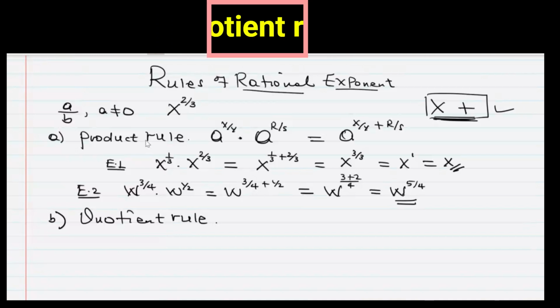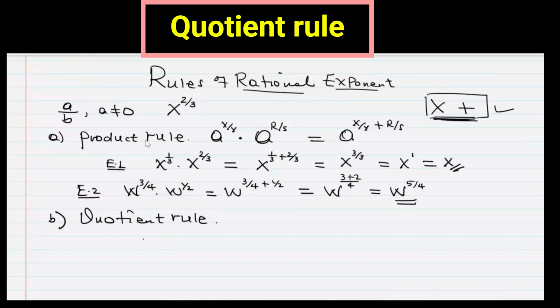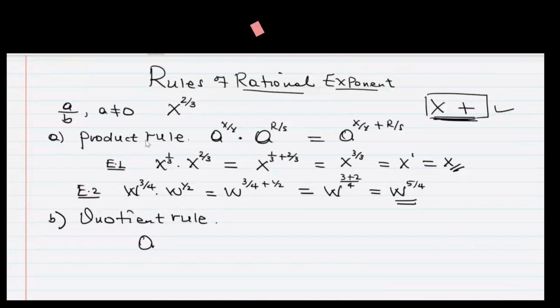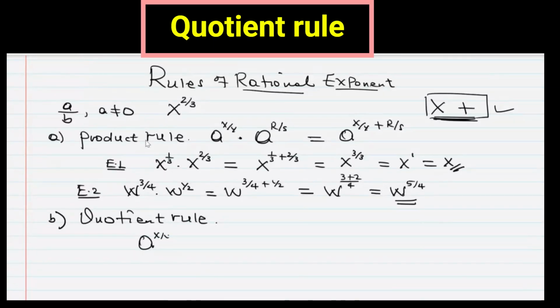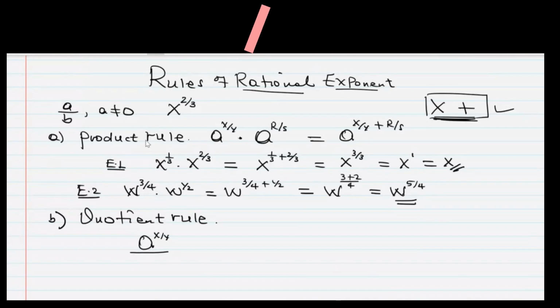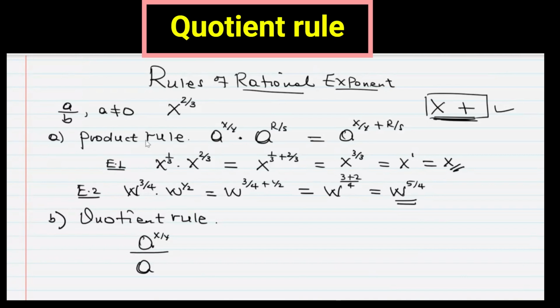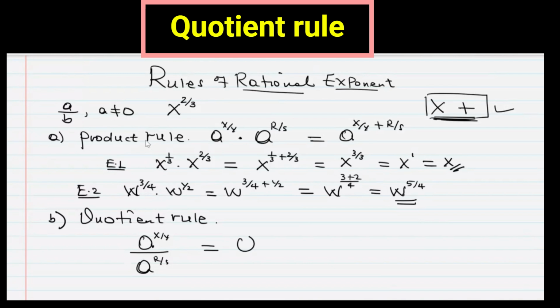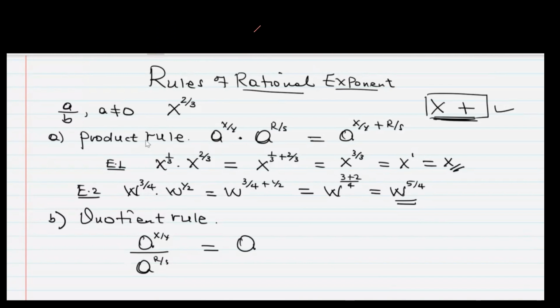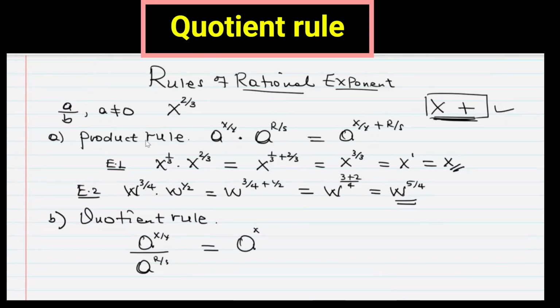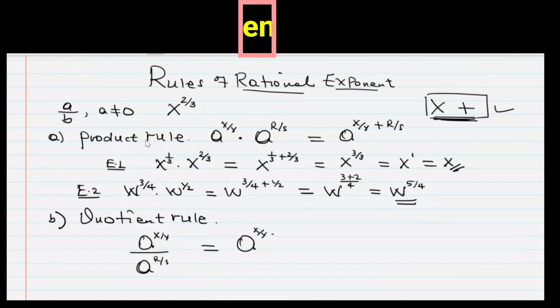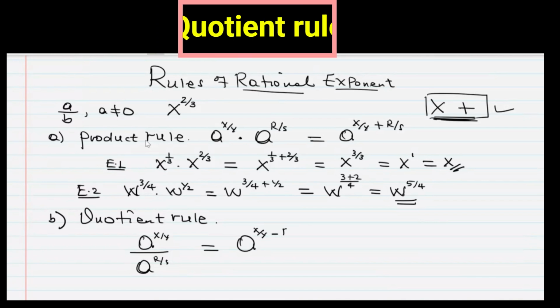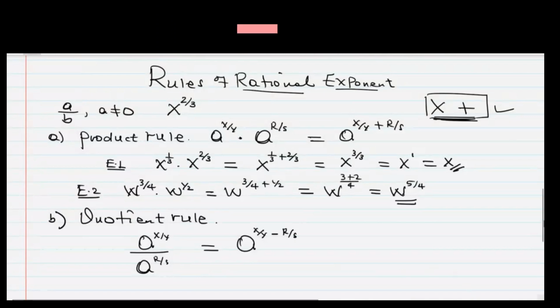Let's say you have a with the rational exponent x over y, and you divide that by another a with another exponent r over s. This will give me simply one base a, and then x over y, the top exponent, minus the bottom exponent, r over s.